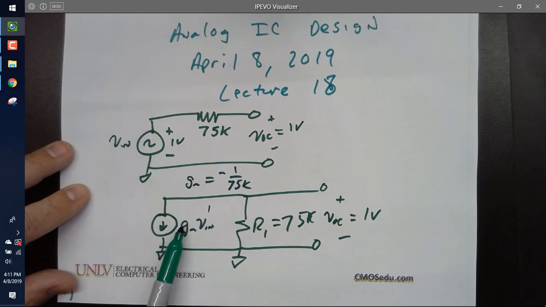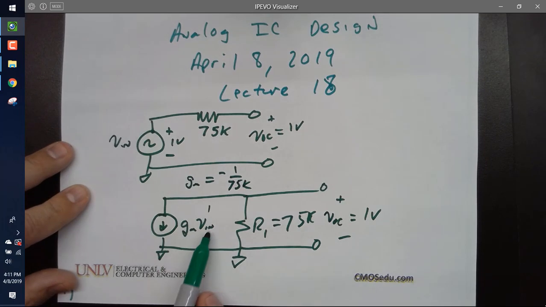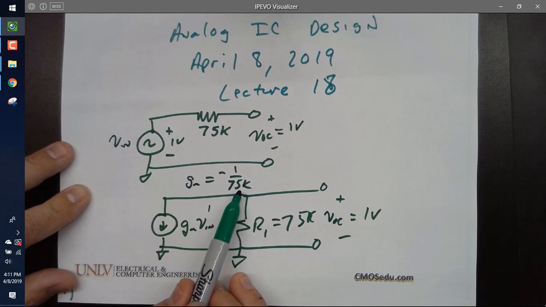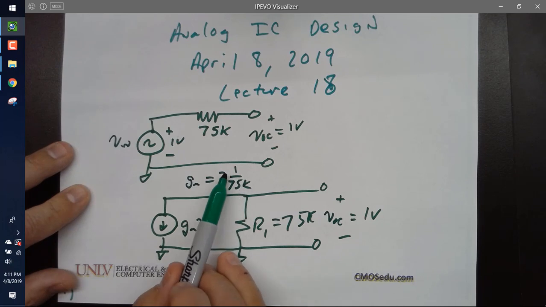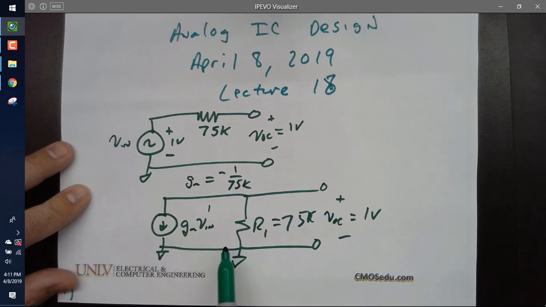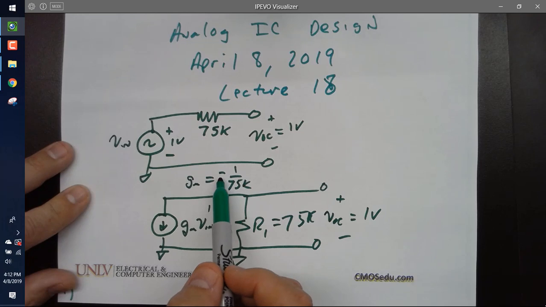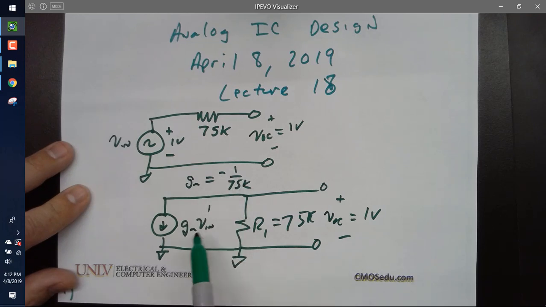So when I multiply VN, which is 1, times minus 1 over 75K, I get a current of minus 1 over 75K. When I pull it backwards, I know that VOC is minus R1 times this current, which would be minus 75K times minus 1 over 75K times 1 or 1 volt. Did I lose anybody there? Make sense? So there's my GM.